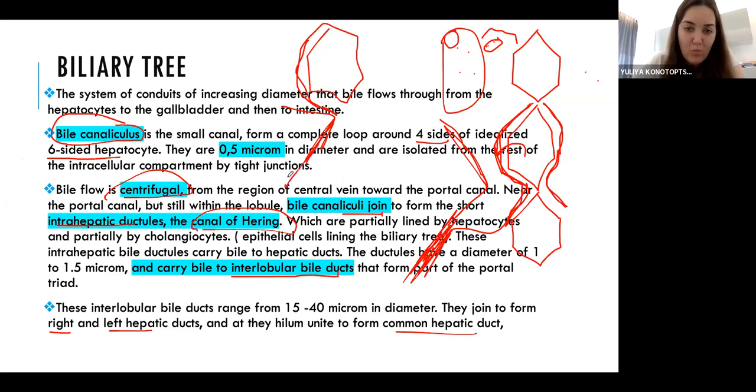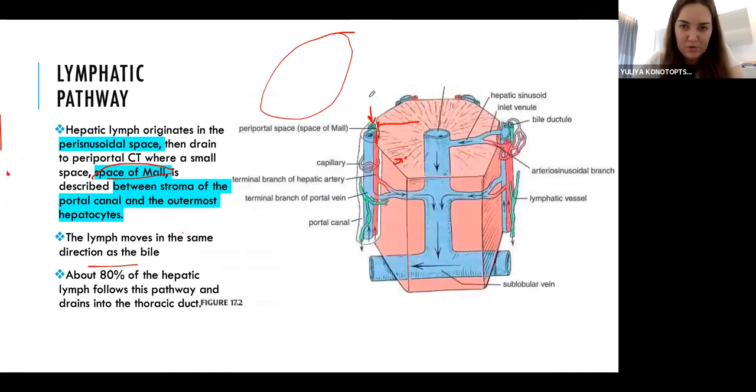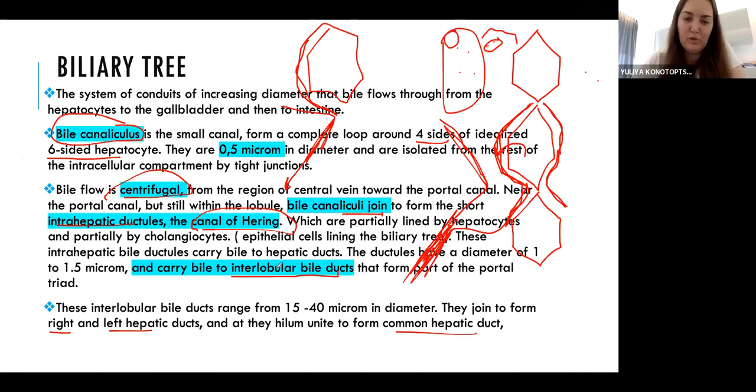The canal of Herring opens up into the interlobular bile duct. Where is the interlobular bile duct? Where the portal triad is. So the bile duct in this triad is called the interlobular bile duct. From here, you go to the right and left hepatic duct, and from there, you go to the common bile duct.